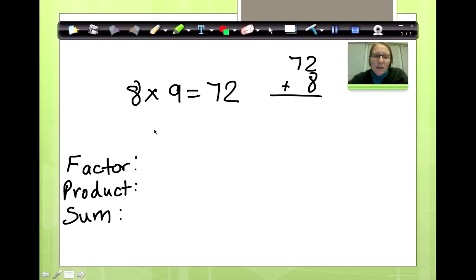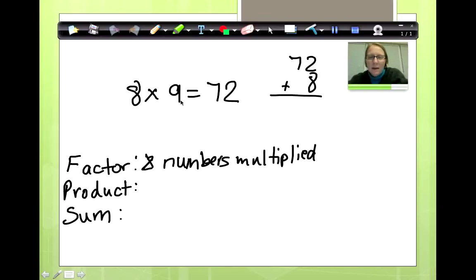Okay, so for instance, a factor doesn't even have to be two, but it's the numbers multiplied. Okay, so which one is the numbers that are multiplied in this number sentence? It's the 8 and the 9. Okay, they get F's because these are our factors.